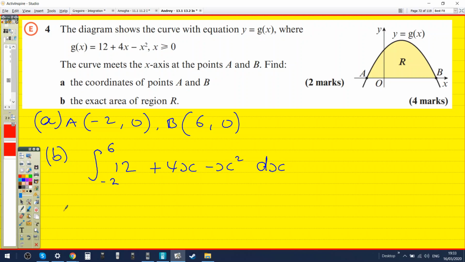And then that would be equal to... I got 256 over 3.